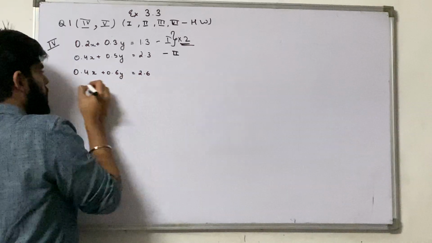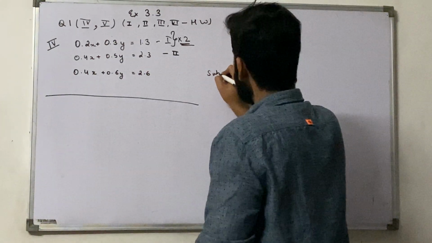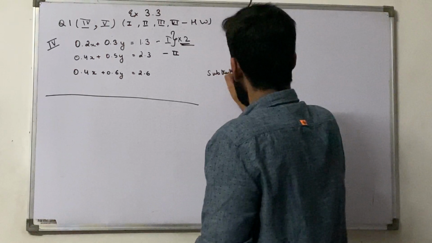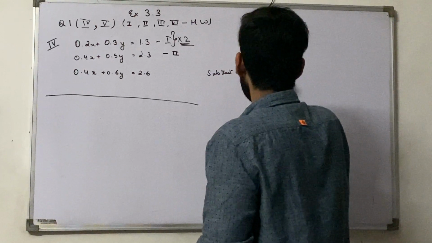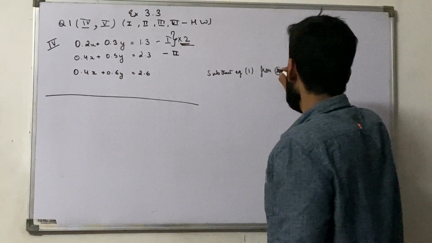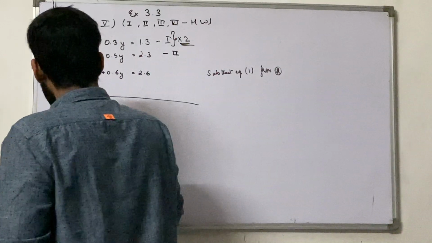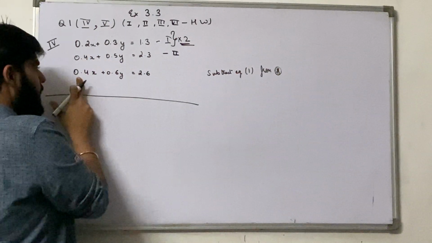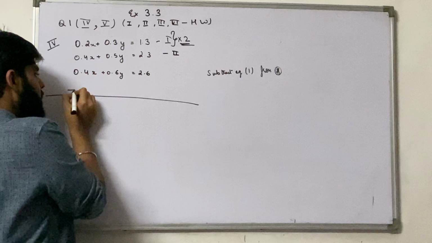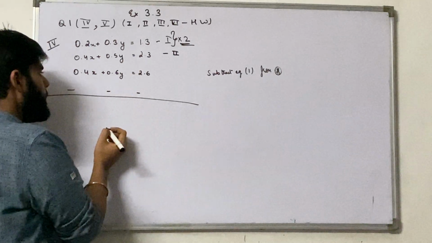Now, we will write over here, subtract equation 1 from equation 2. Okay, now we will change the signs. This 0.4 has a positive sign, this will convert to negative. This also has a positive sign, negative. This also negative.